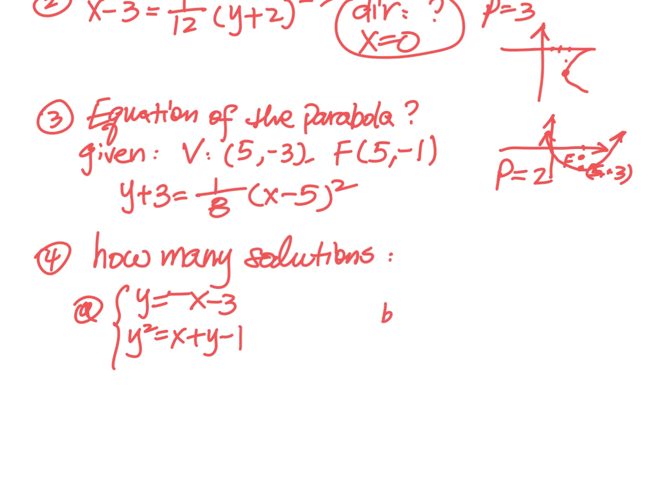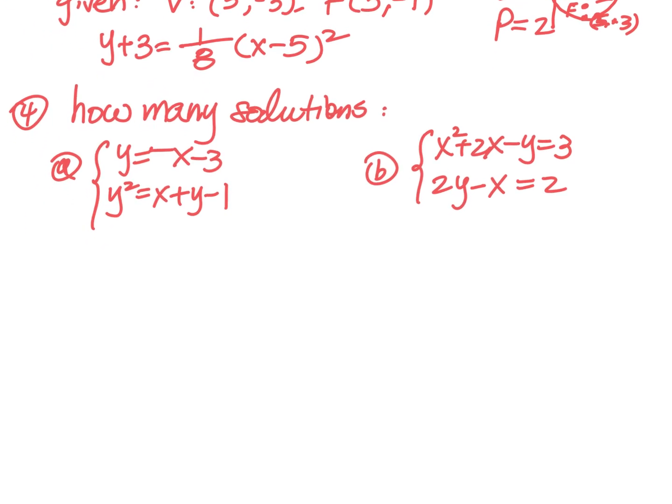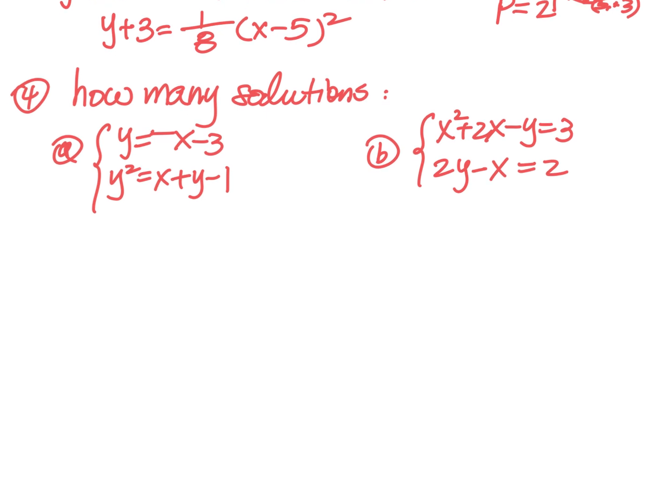The second one is x squared plus 2x minus y equals 3, and 2y minus x equals 2. These are two questions. I'm asking you for each one of them how many solutions. That means how many intersecting points. I can also ask it like that, how many intersecting points.